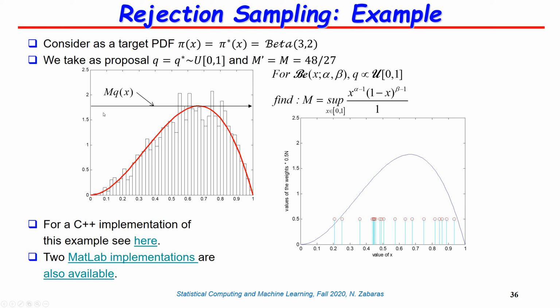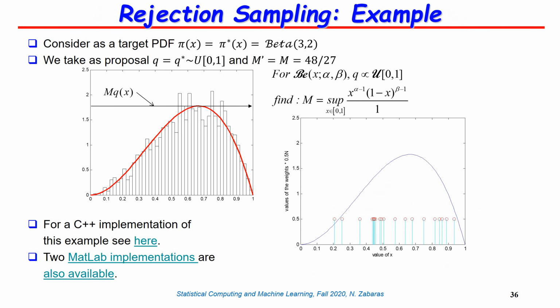To sample from the beta distribution, what I need to do is sample from the uniform distribution from 0 to 1, and then accept or reject with the probability that we showed before, which is, you remember, the normalization factor for pi star divided by m prime, divided by the normalization factor of q star. So really, in this problem, the probability of acceptance is 1 over m prime, where m prime is 48 over 27, okay? So effectively, we are accepting with probability 27 over 48.